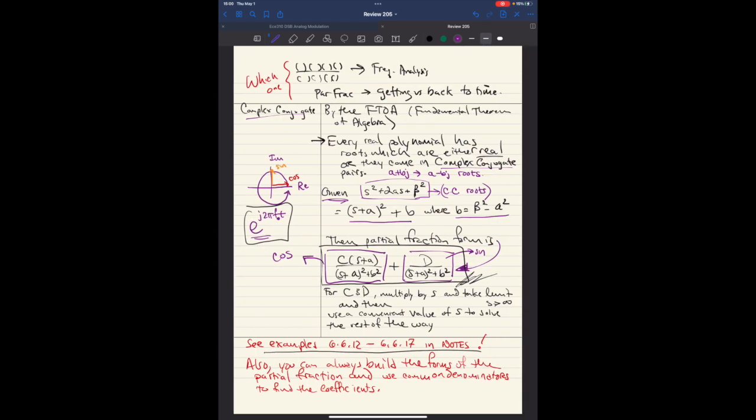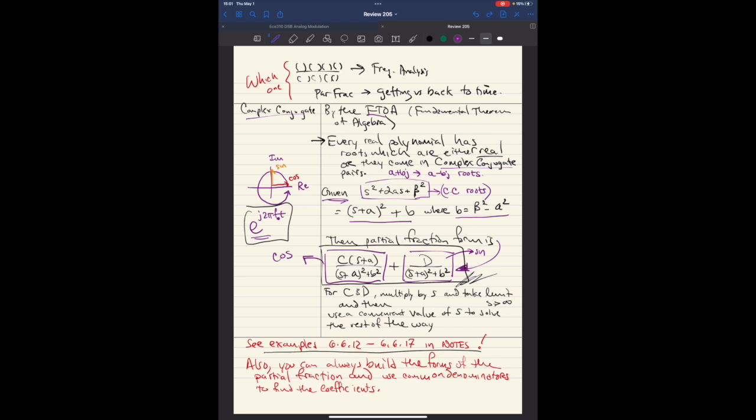So where we got interrupted yesterday, because I was too slow, we talked a lot about the fundamental theorem of algebra. We discussed how every real polynomial, every real one, not every complex one, but every real one either has real roots or if it does have complex roots, they have to come in conjugate pairs.